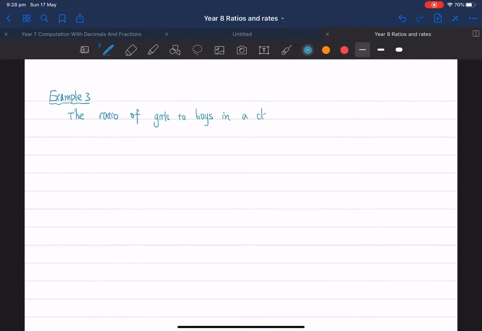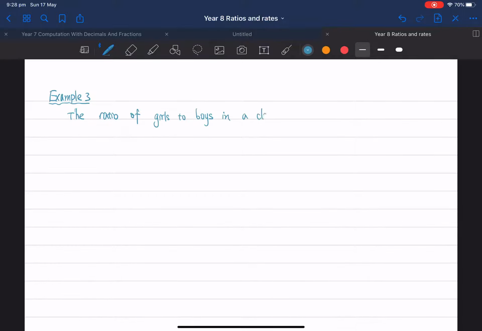And then the question says there are 246 boys at the school, and the question asks you what is the total population, or how many girls we have. So how do we find these?